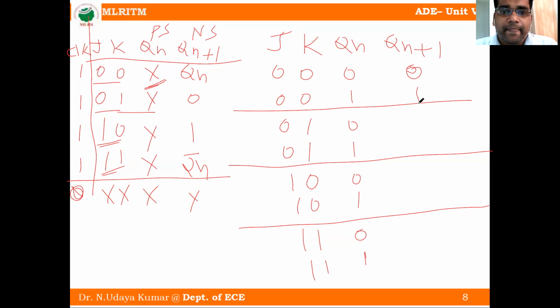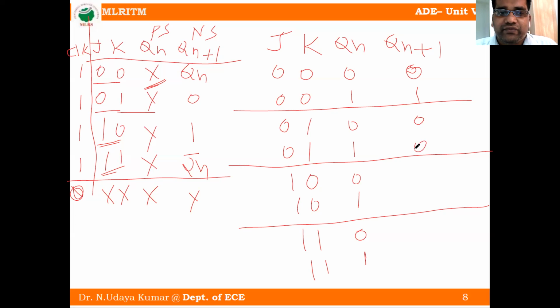Okay. Then second input 0, 1. So J is equal to 0 and K is equal to 1 means it is a reset state. Irrespective of the present state, 0, 1 is the input means we will get next state as 0, 0. Okay, this one is 0 and this one is 0.